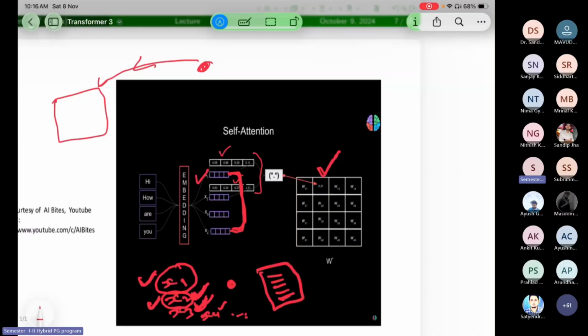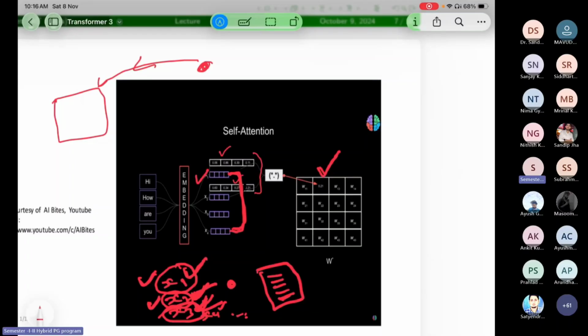He may also give wrong information. Even x3 can give wrong information. So I'm going to take the decision about x1, and for that I'm taking the information from others also. But I'm not going to give equal attention or equal weight to everyone.